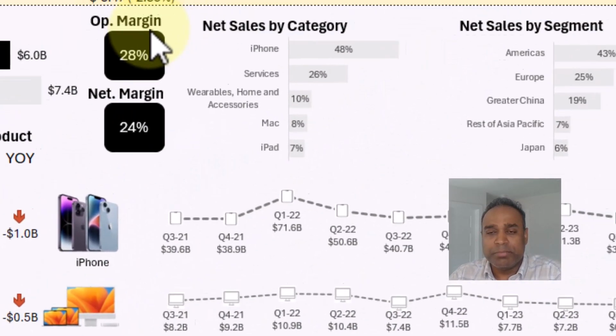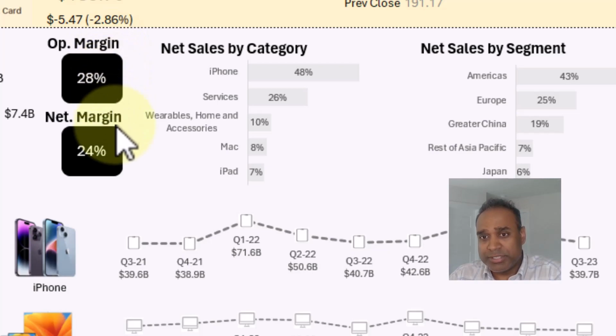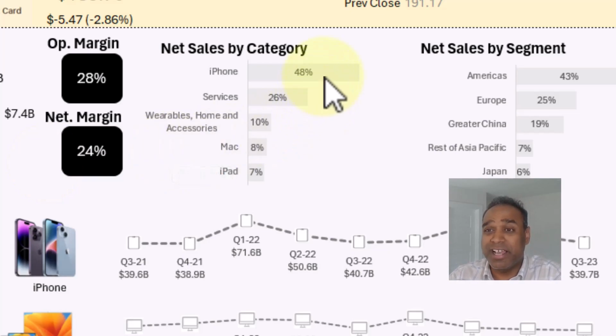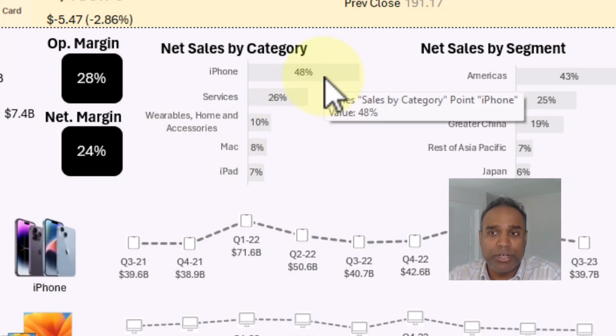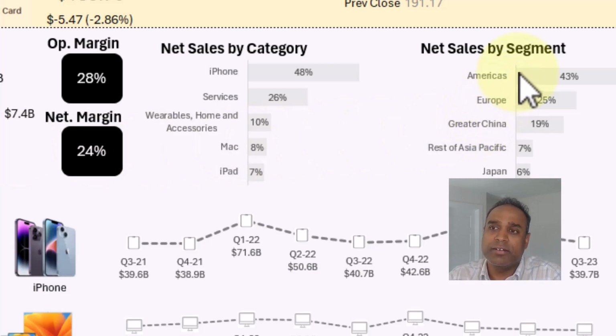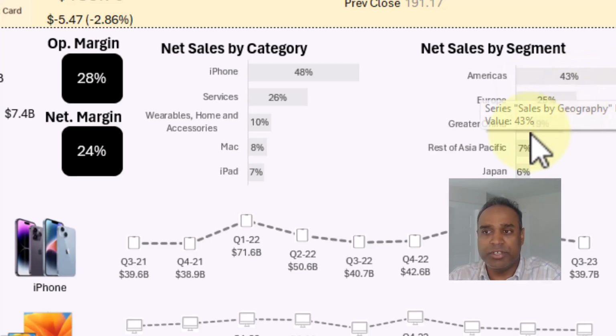Now, coming back to the top, the operating margin overall is 28% and the net margin is 24% for the quarter. With respect to where the sales are coming from, iPhone makes up 48% of the net sales, and services now is 26%. And in terms of which segments are driving the net sales, Americas contributes 43%.